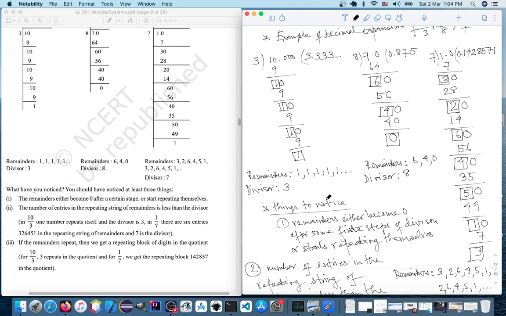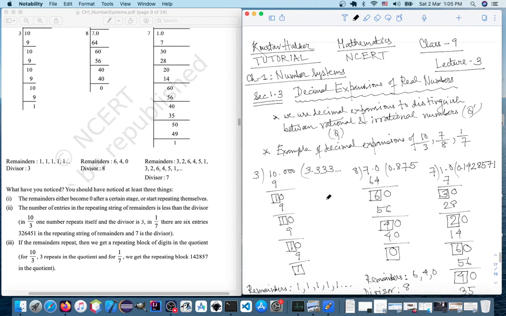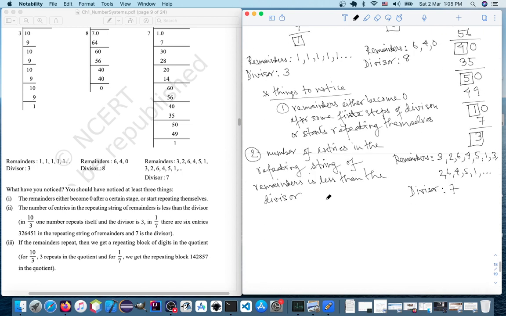So the repeating string of remainders is 1, and the number of entries in it is 1. For the third case, the repeating string of remainders is 3, 2, 6, 4, 5, 1. So how many entries are there? There are 6 entries.